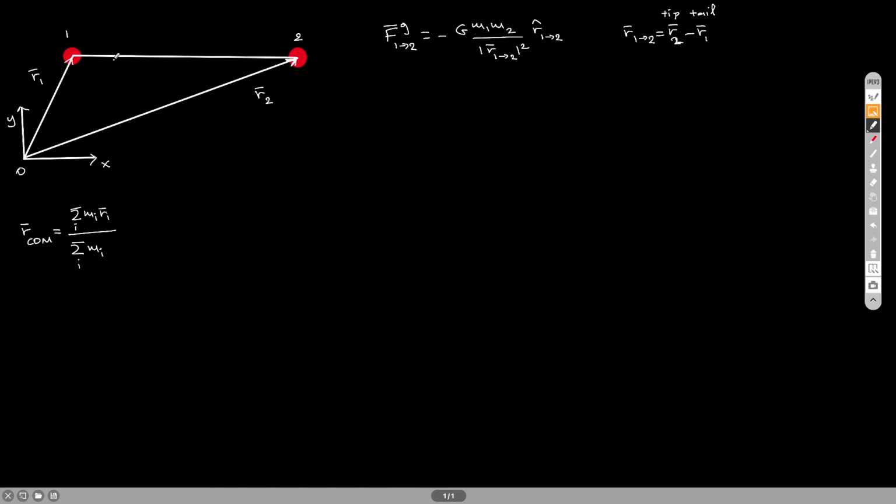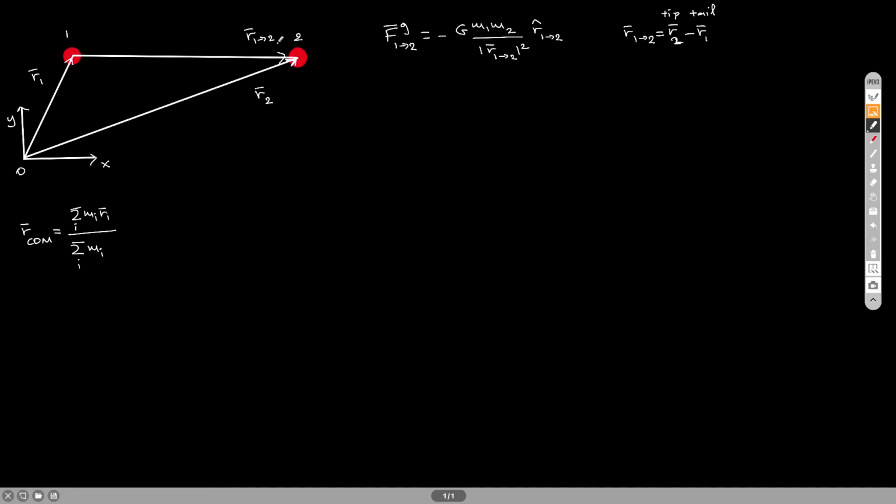So if the tail is at 1 and the tip is at 2, then the vector r from 1 to 2 is what the term implies. It's the relative position vector of object 2 with respect to object 1, the vector that goes from 1 to 2.